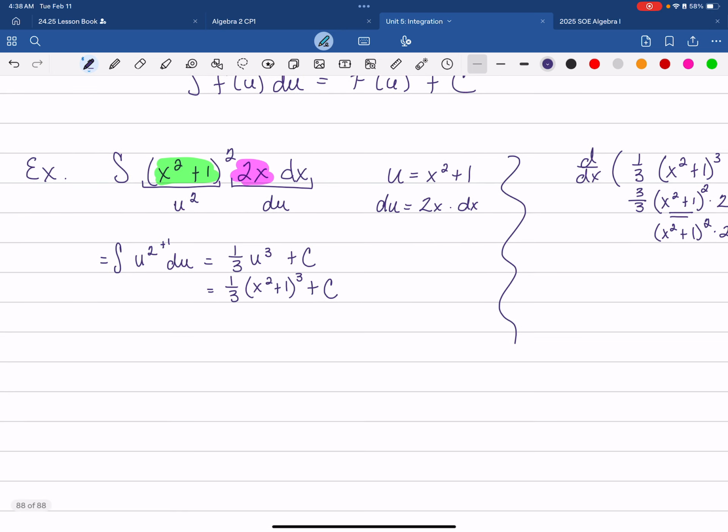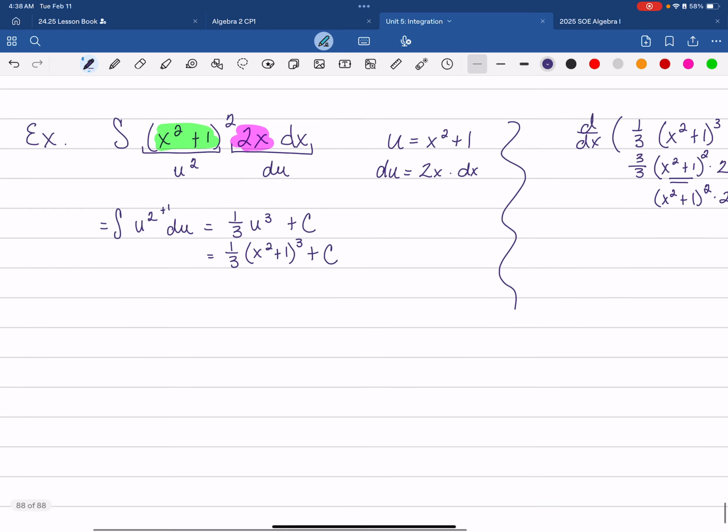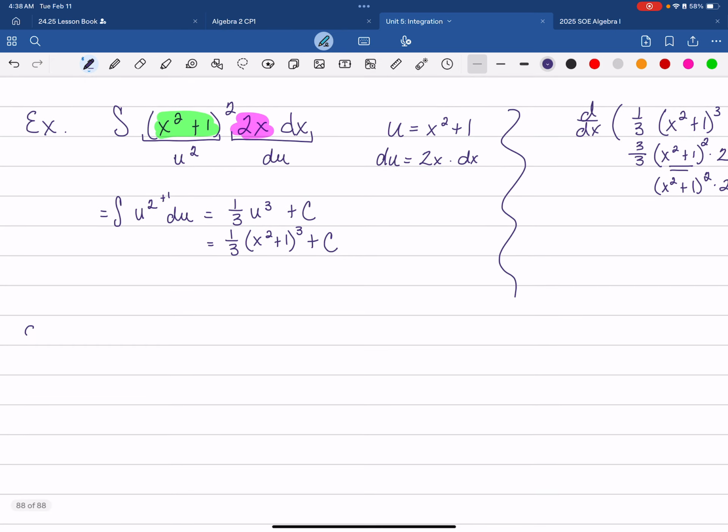Let's try another one. I have the antiderivative of 5e to the 5x dx. So my u is that inside function, that g of x, so I'm looking for the u.